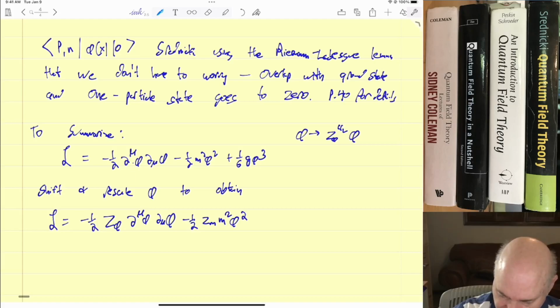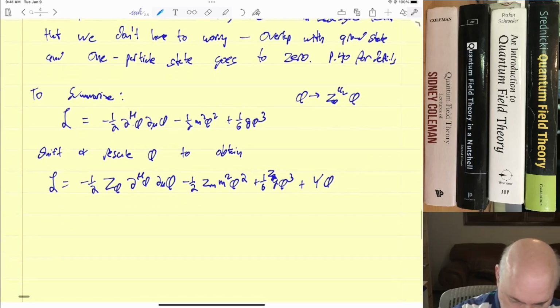It's also going to combine with the last term, so I can't evaluate it so simply. Plus 1/6 g phi cubed, and there's a zg in here. When we expand these linear terms, we're going to get a quadratic term in phi, which goes into the zm. We're going to get a linear term, which goes into here. And we're going to get a constant term, which we can just drop from the Lagrangian because that doesn't mean anything.